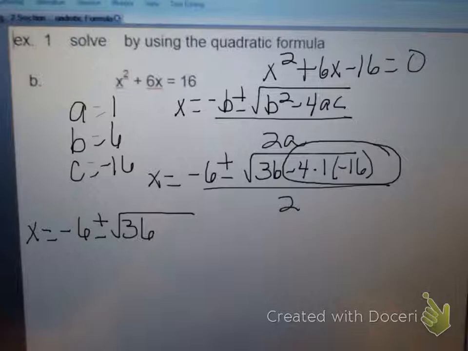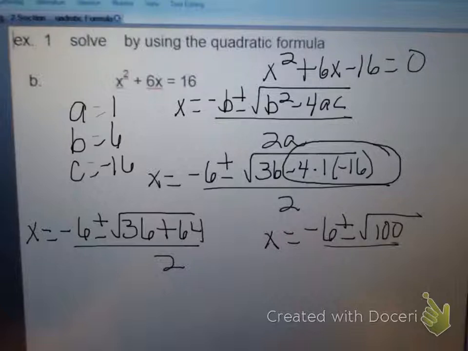So it's a plus 64 over 2. And 36 plus 64 is 100 over 2. And the square root of 100 is 10.